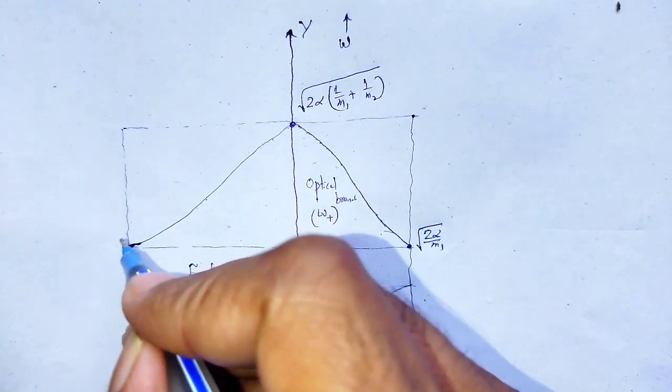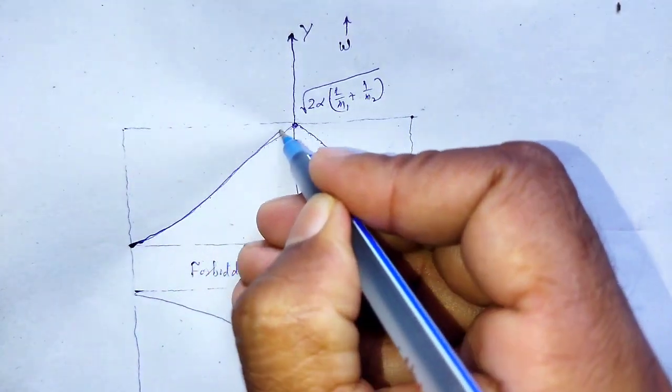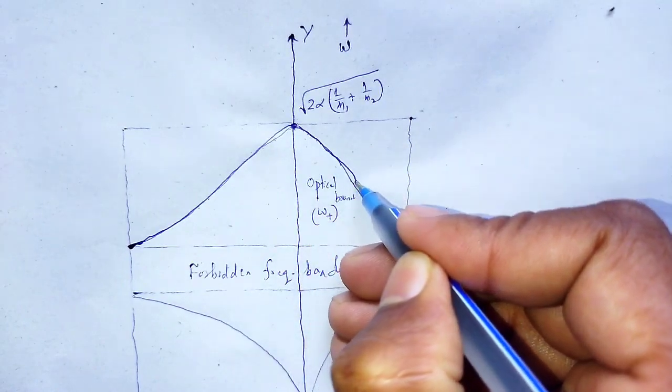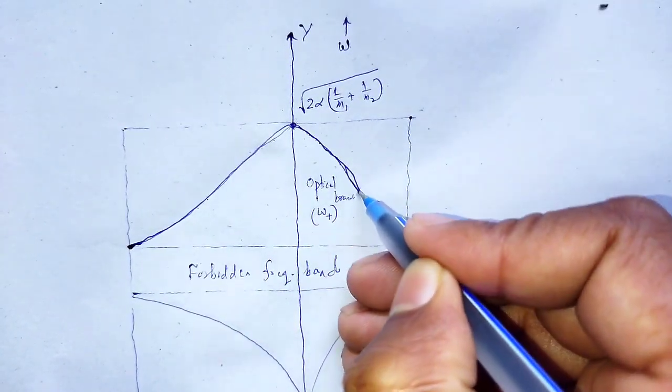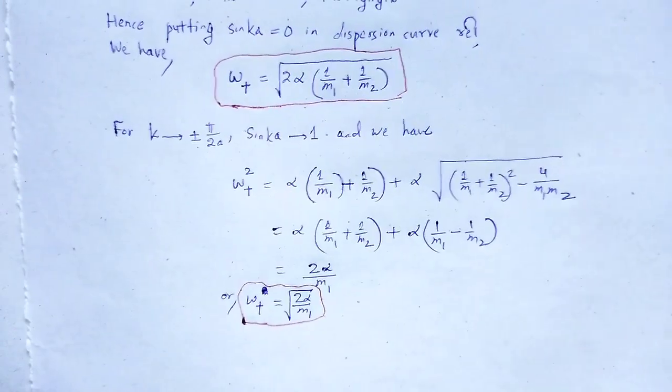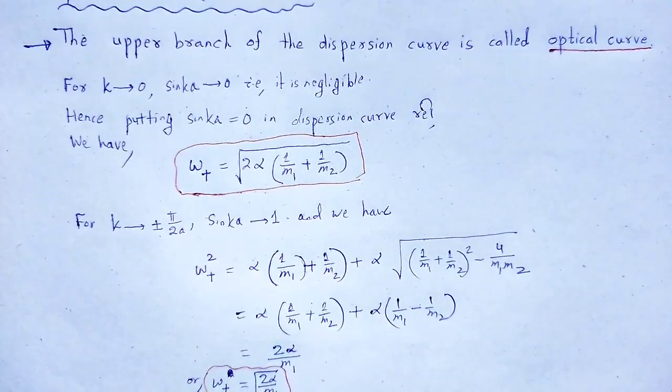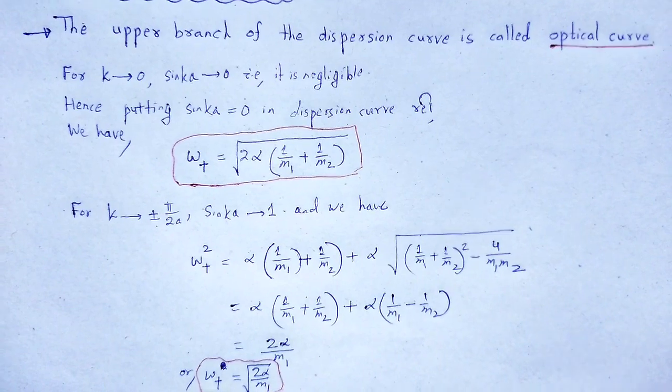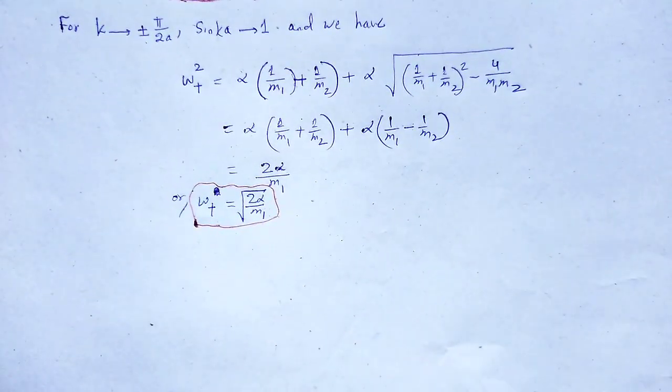That is for the optical branch, with the frequency as we showed mathematically.